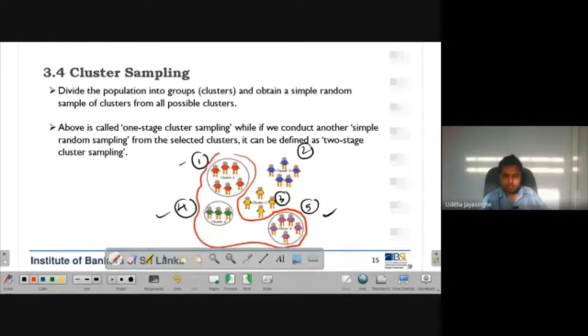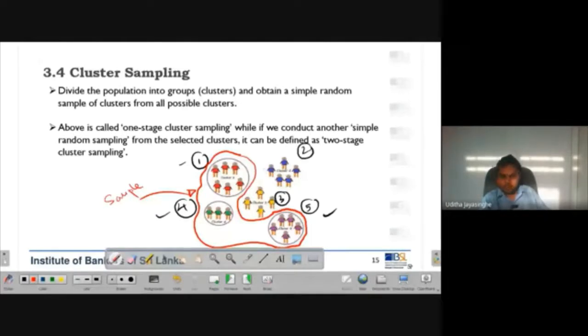Now this is my sample. Blue and yellow, sorry, have no opportunity of being selected. But how do we select these 1, 4, and 5? It's based on a scientific methodology. What is it? A simple random sample.